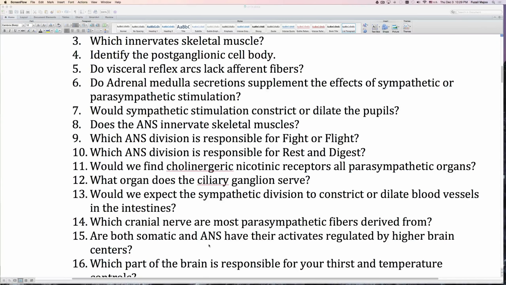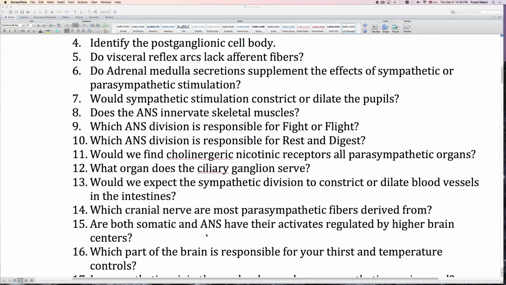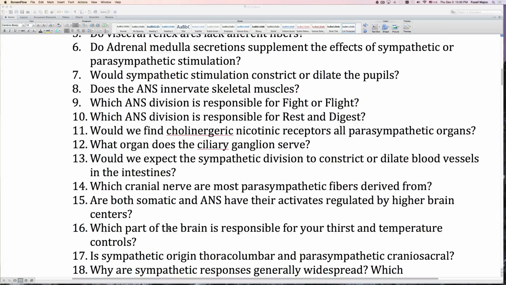Number 16, which part of the brain is responsible for your thirst and temperature controls? Number 17, is sympathetic origin thoracolumbar and parasympathetic craniosacral?